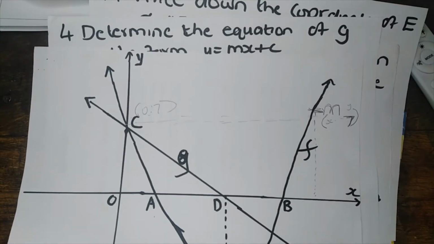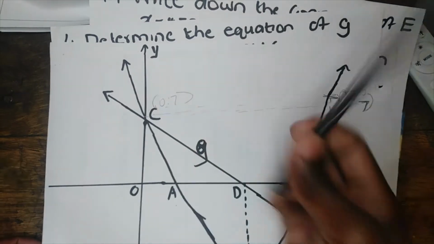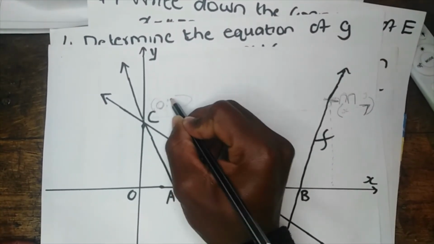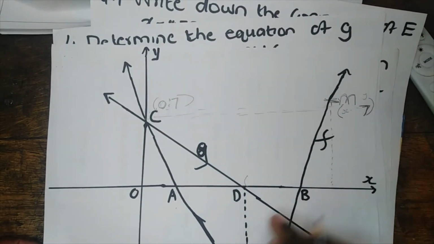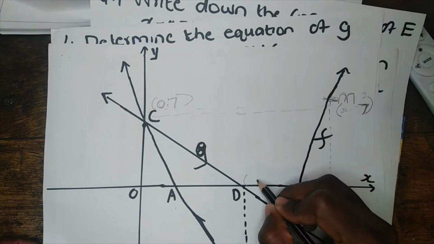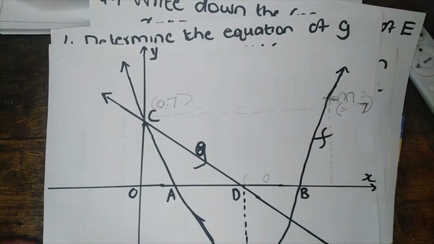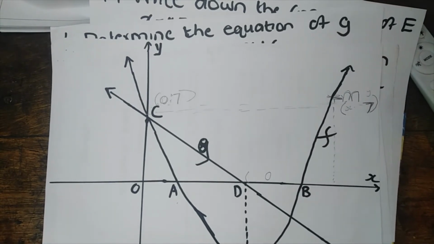What we know are the coordinates: C is (0; 7), and we found the other point, (4; negative 9).